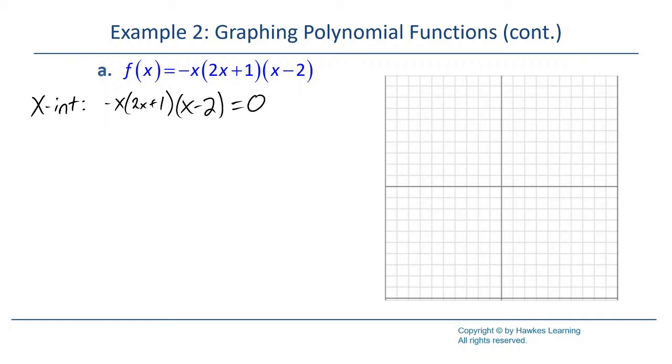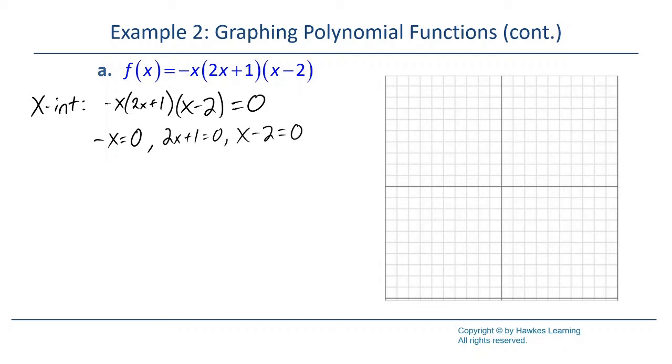Because I can't multiply 2 non-zero things together and get 0. You can add 2 non-zero things together and get 0, but you cannot multiply 2 non-zero things together to get a 0. So I would go negative x is equal to 0, 2x plus 1 is equal to 0, and x minus 2 is equal to 0.